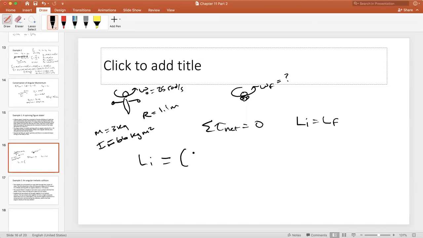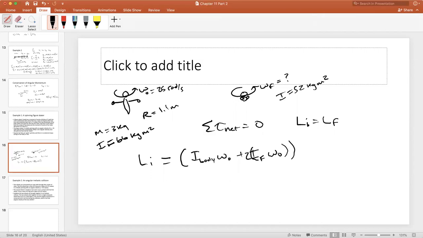So for her body, it is I of her body times omega. And I should state that here, this was 52 kilograms meters squared. So I of her body times omega initial, plus I of her fist times omega initial, and there are 2 of those. So she has 2 of these.